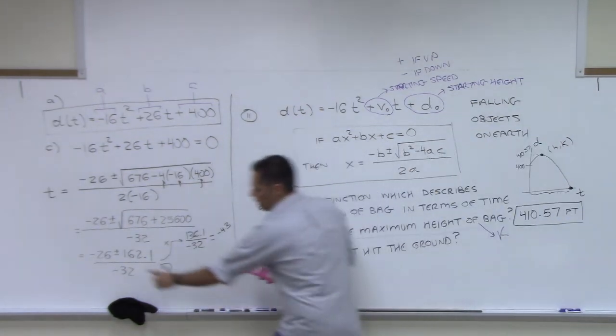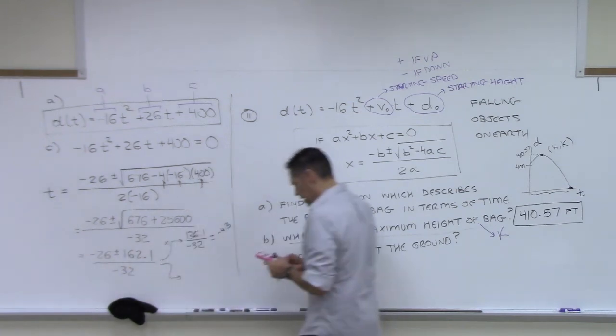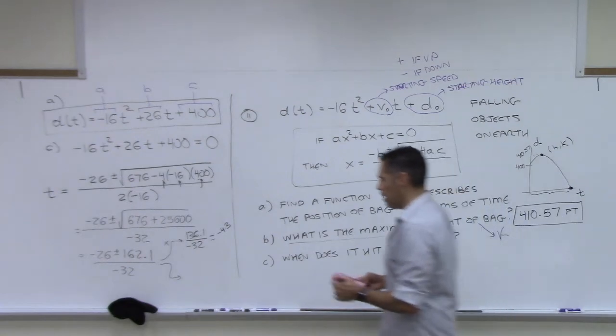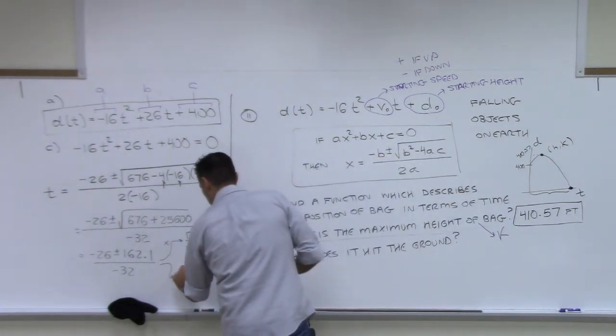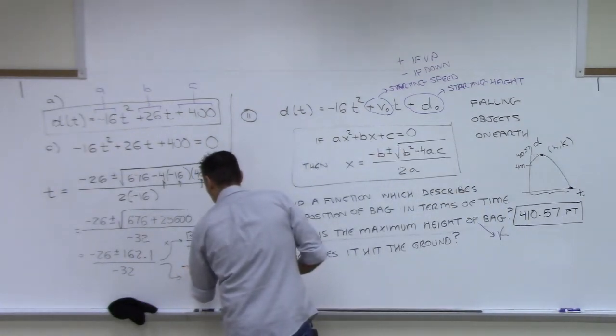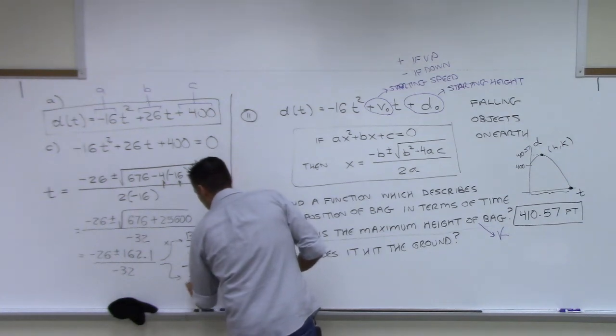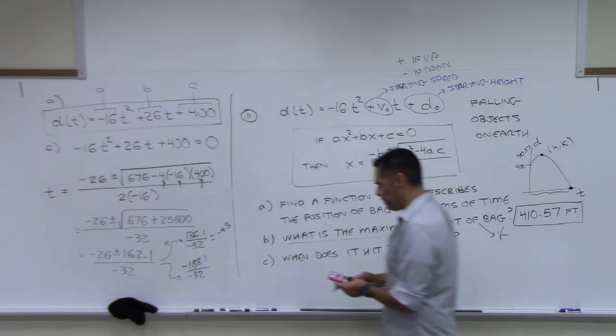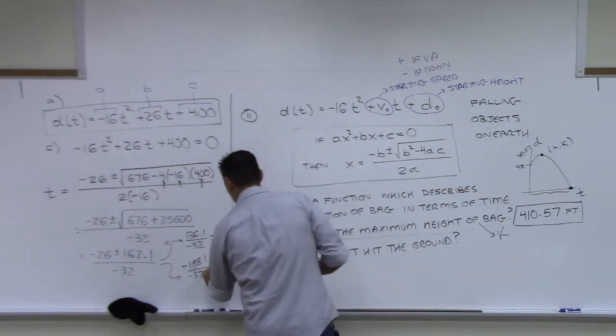Then I do negative 26 and I take away 162.1. That gives me negative 188.1. And I divide that by negative 32. Negative divided by negative should be positive. I get let's say 5.9.